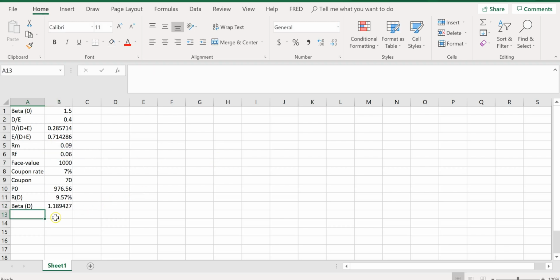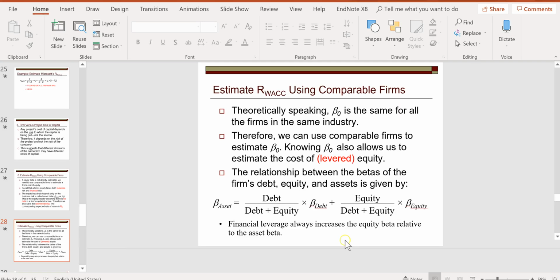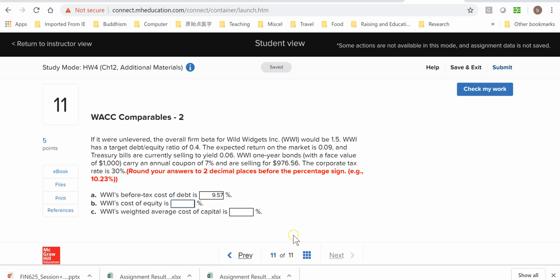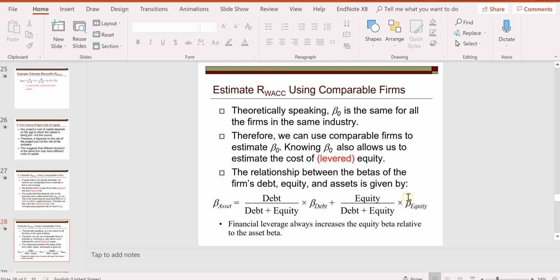So this is beta D. And then we can use this equation to figure out the equity beta. And once we know the equity beta, we can also figure out the cost of equity using CAPM. So that's how we do that.